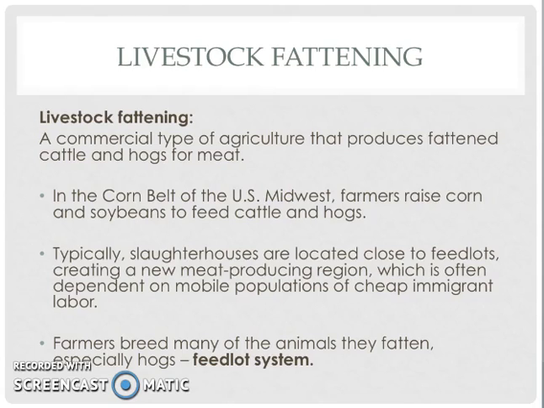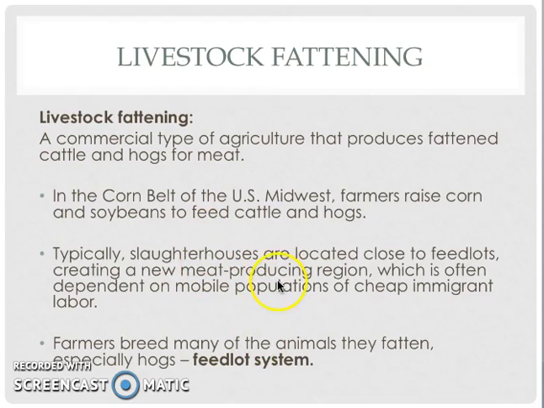Livestock fattening is another form of agriculture taking up a large regional distribution. It is a commercial type of agriculture that produces fattened cattle and hogs solely for their meat. In the Corn Belt of the U.S., in other words the Midwest, farmers raise corn and soybeans to feed cattle and hogs. This covers large parts of Iowa, Nebraska, Oklahoma, Indiana, and northward into the Canadian prairies.